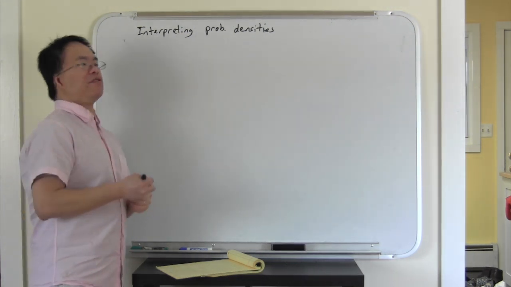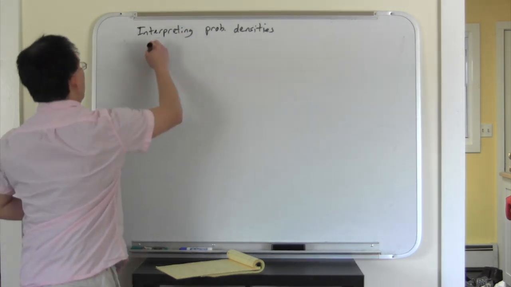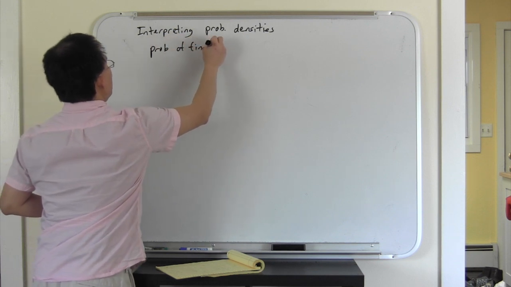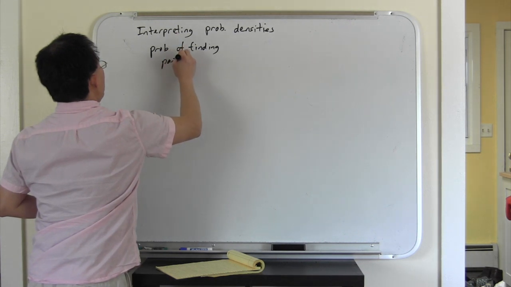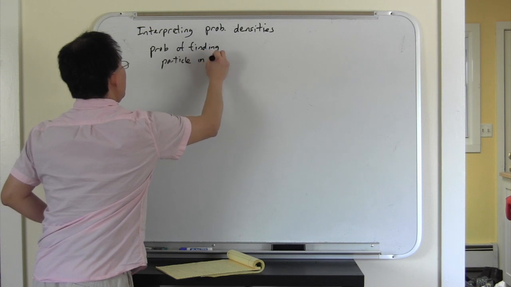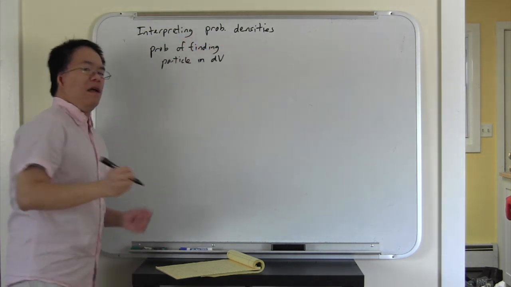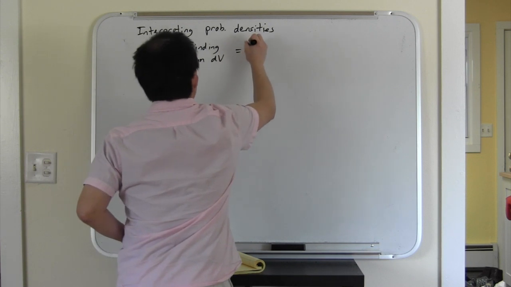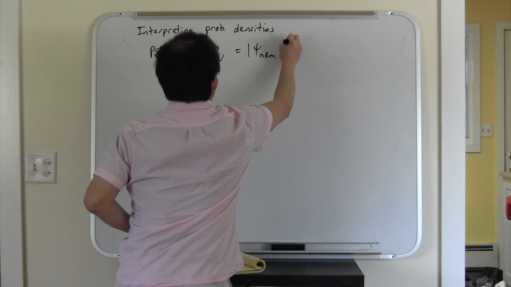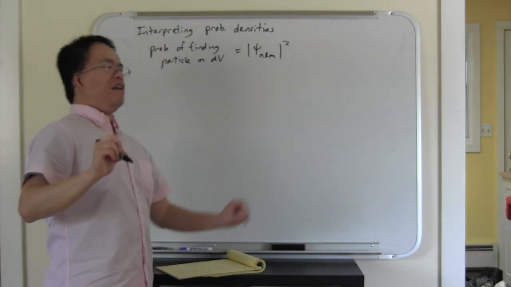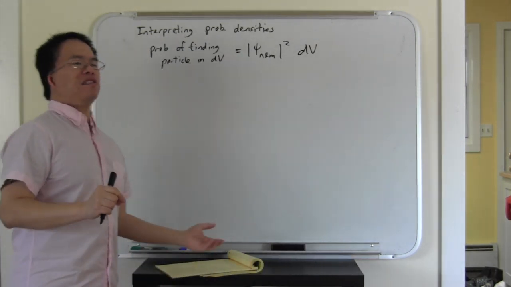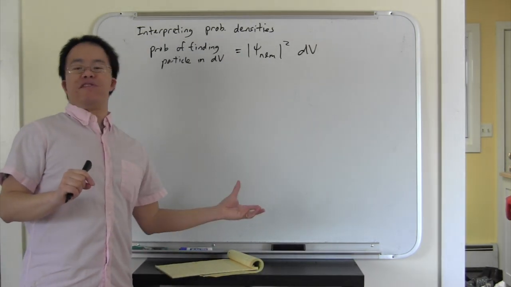The 3D generalization: the probability of finding a particle in some infinitesimal volume dV, assuming the particle is in an energy eigenfunction psi_n, turns out to be the probability density times dV. Not too much of a surprise.